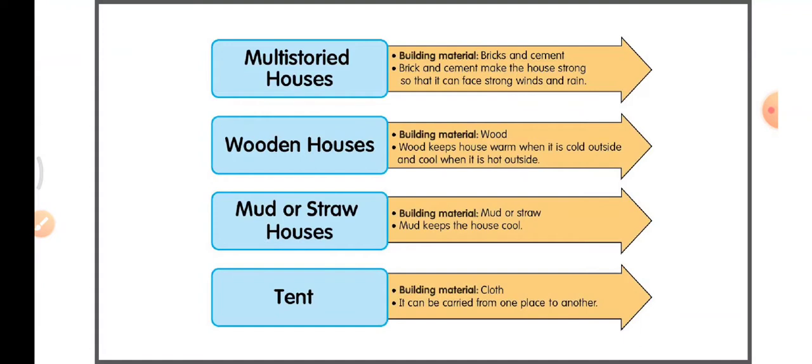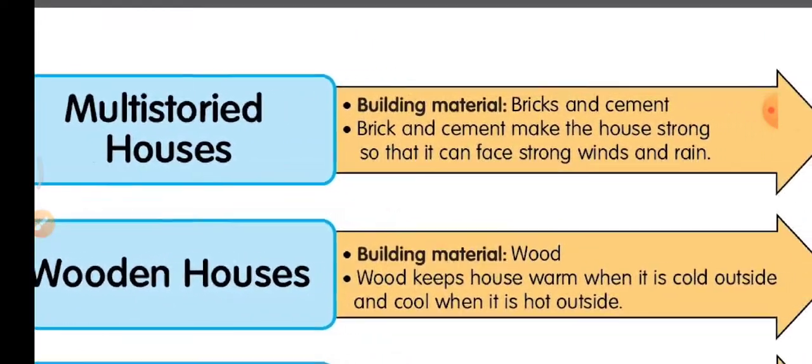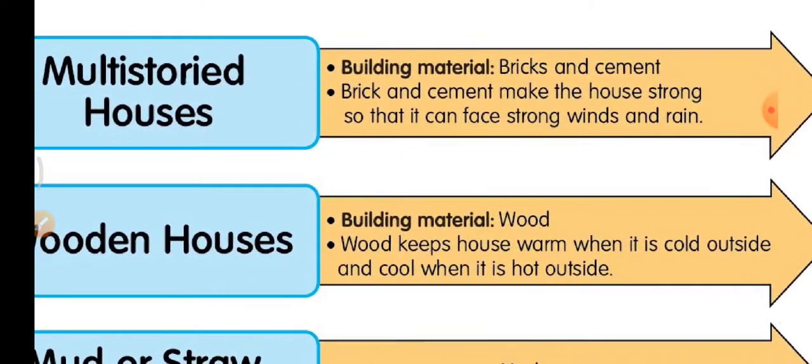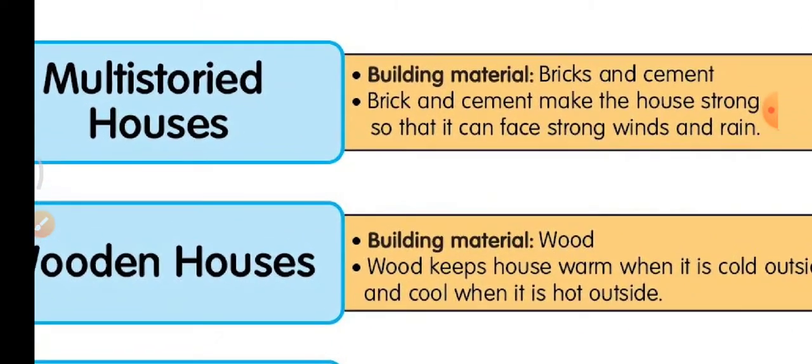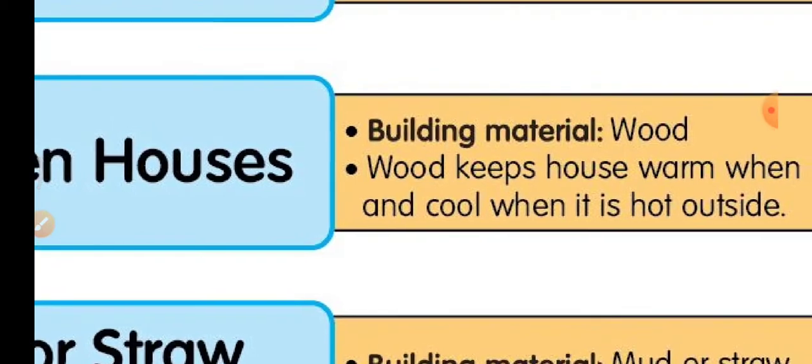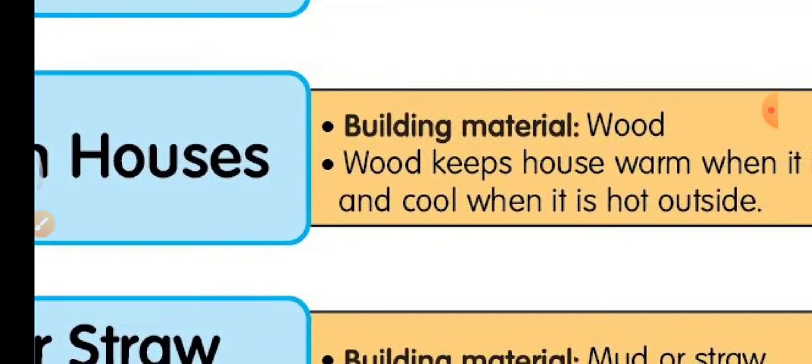For multi-storied houses, the building materials are bricks and cement. Brick and cement make the house strong so that it can face strong winds and rain. Wooden houses, what building material is used? Wood is used.